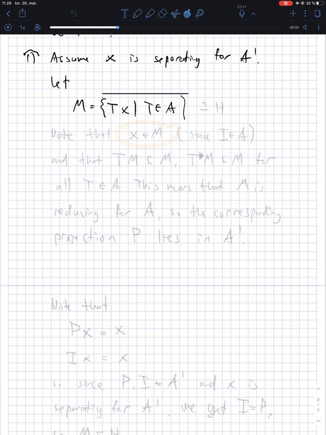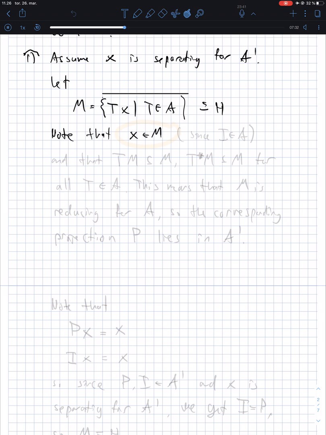So the vectors of the form Tx with T in A is going to be a subspace. So when I close it off, it's going to be a closed subspace, which of course lives inside H, right? And the goal is to prove that that is all of H, because then we've proved that the elements of the form Tx form a dense subspace of H, which is what we need to see that X is cyclic, but we're not quite there yet, right?